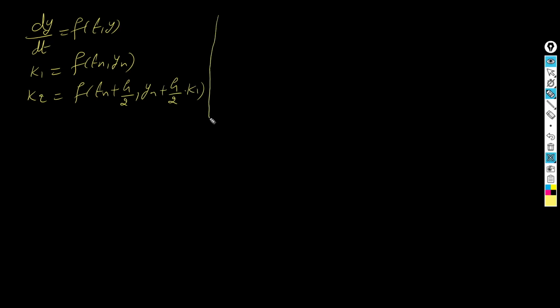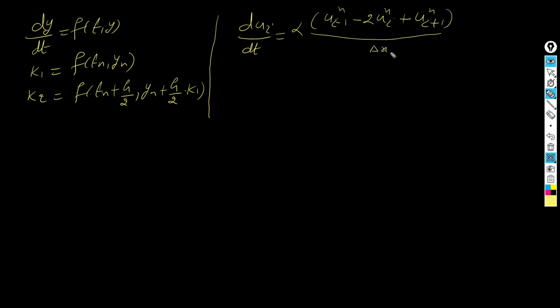Now our heat equation reduces to this form: du_i upon dt is equal to alpha (u_{i-1}^n minus 2u_i^n plus u_{i+1}^n) upon delta x square.